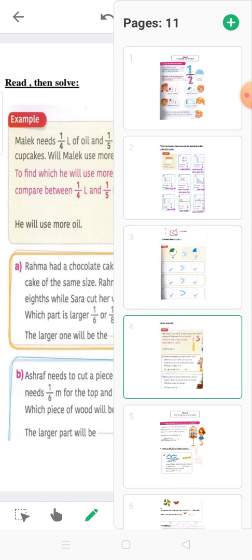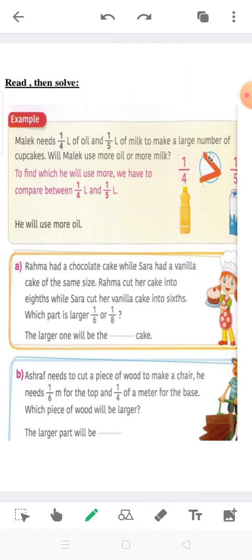Okay, let's see. Read, then solve this question. Malik needs 4 liters of oil and 5 liters of milk to make a large number of cupcakes. Will Malik use more oil or more milk?